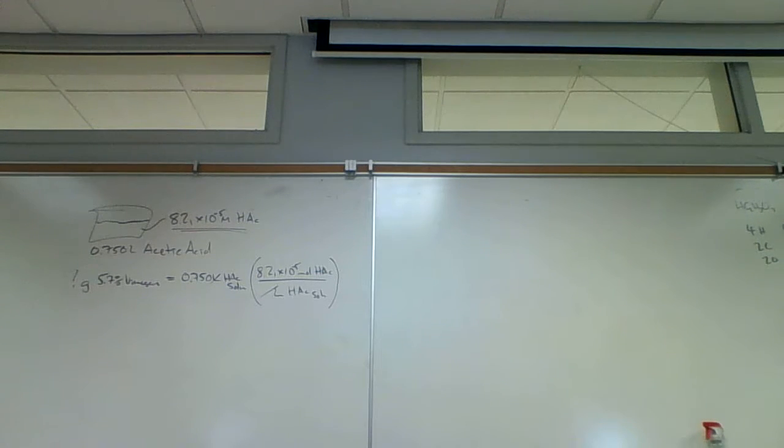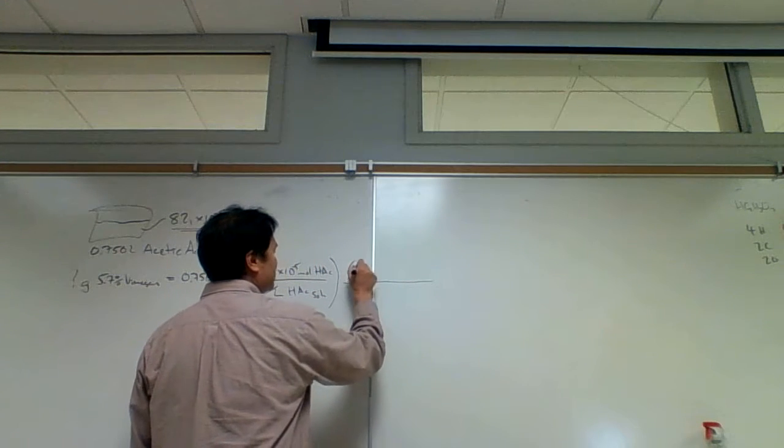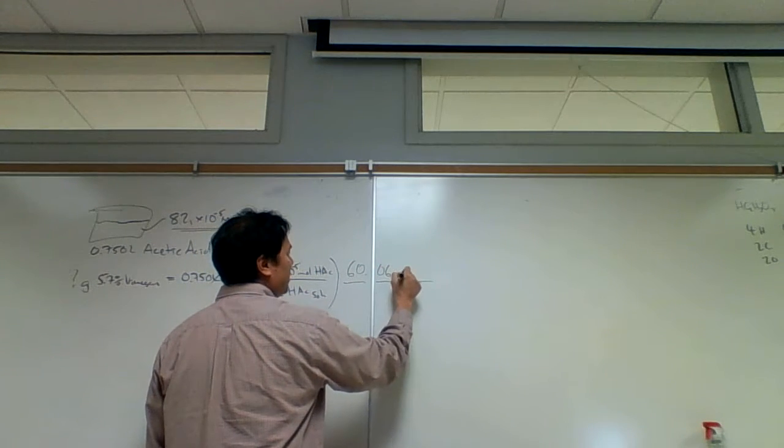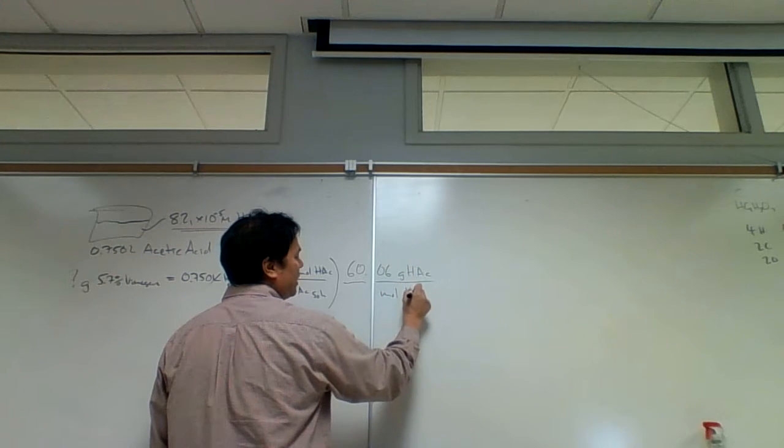And so this is going to give us 4.04, 24.02, and 32.00, so it's 60.06. So I have 60.06 grams of pure acetic acid per mole of pure acetic acid.